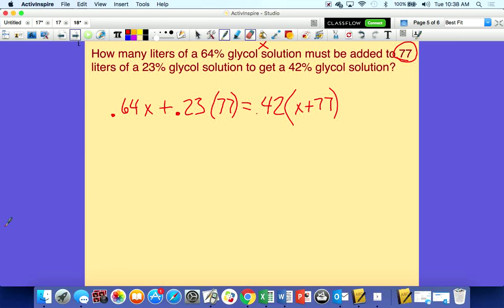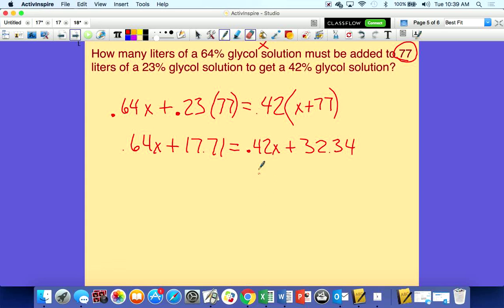So the 0.23 times 77 gives us 17.71. Over here, we're gonna have to do the distributive property. So 0.42 times 77 gives us 32.34.